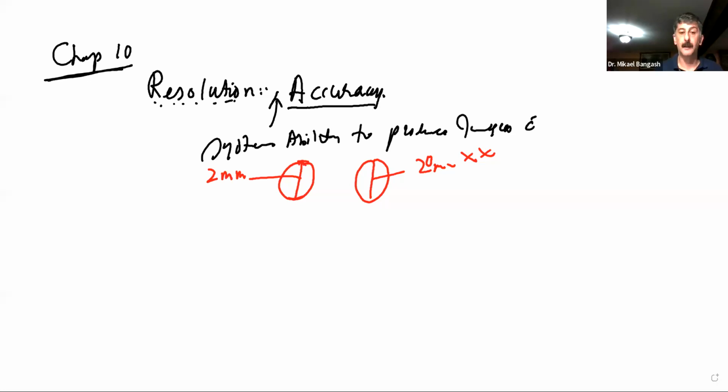Clear? If, for instance, we were scanning one structure that is 2 millimeters, good. We may see a structure here which also measures 2 millimeters. But then we see a copy of the structure here as well.